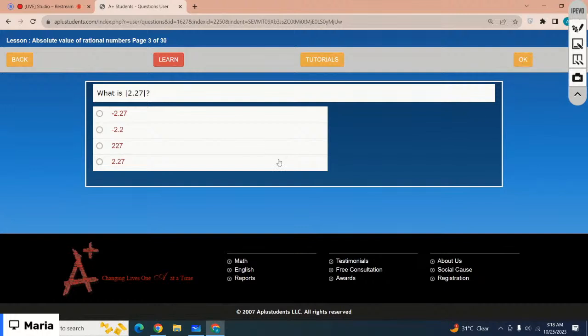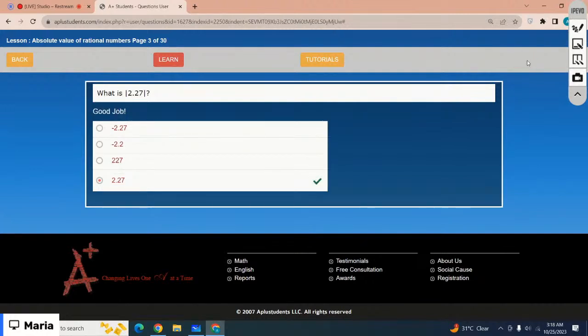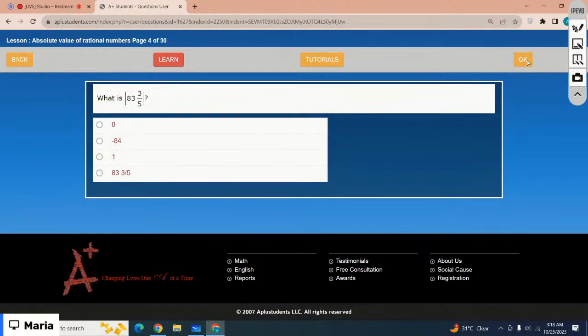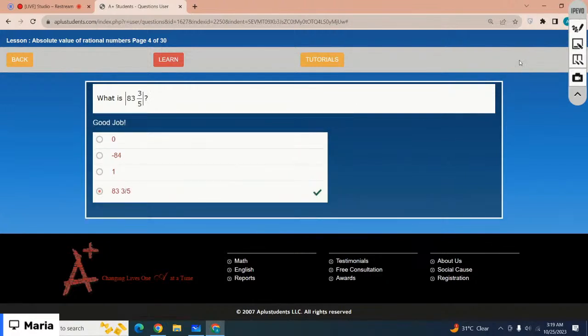That would be 2.27, right? What is the absolute value of 83 whole 3 over 5? Yes, that is the same value because the number is already positive.